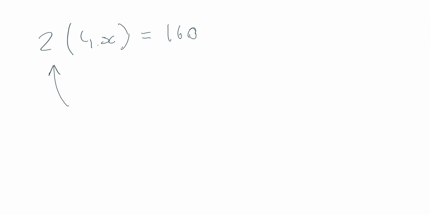So I'm going to divide by 2, as we have a 2 here, and then we divide this by 2. So this becomes 4x equals 160 over 2, which in turn equals 4x equals 80. Great.